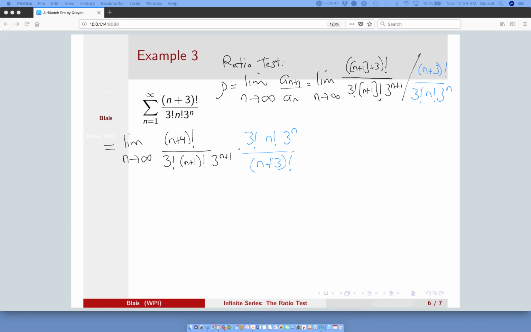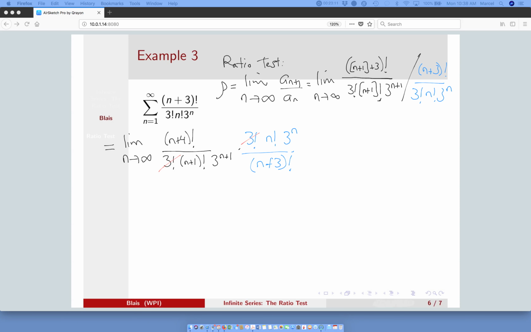So the 3 factorials go. But now we see we've got a few things to deal with. We have a few factorial terms, and it looks like this n factorial and this n plus 1 factorial can pair up, and the same with this n plus 4 factorial and n plus 3 factorial.